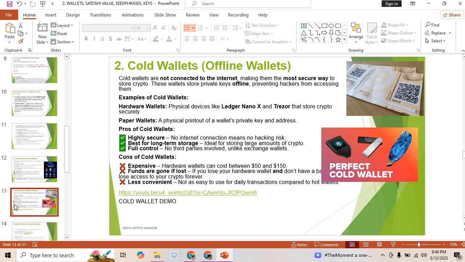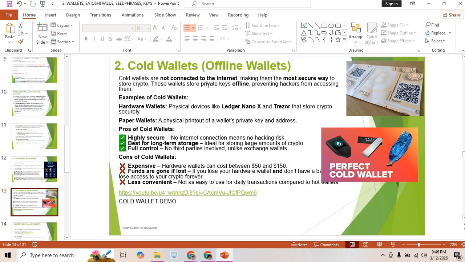Now when it comes to cold wallets, we are going to discuss the best way to store your crypto. Cold wallets are the best way to store your crypto, and we're going to see why. Number one, they are not connected to the internet, making them the most secure way to store your crypto.